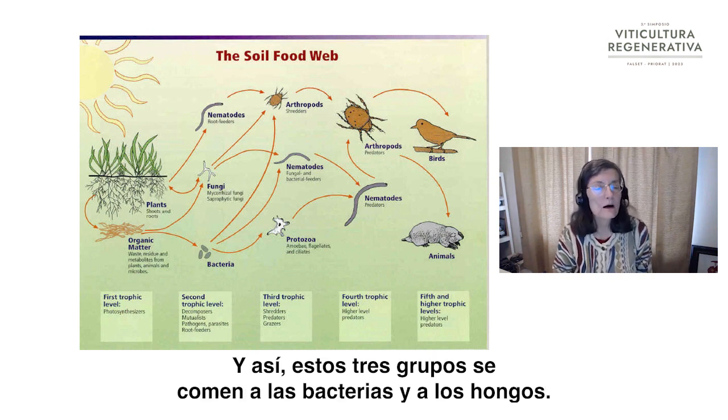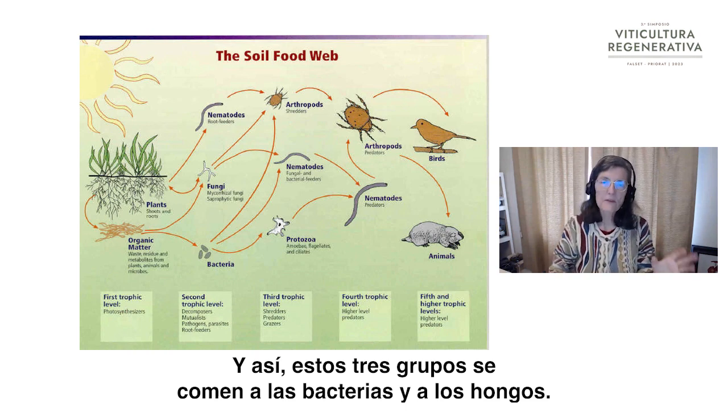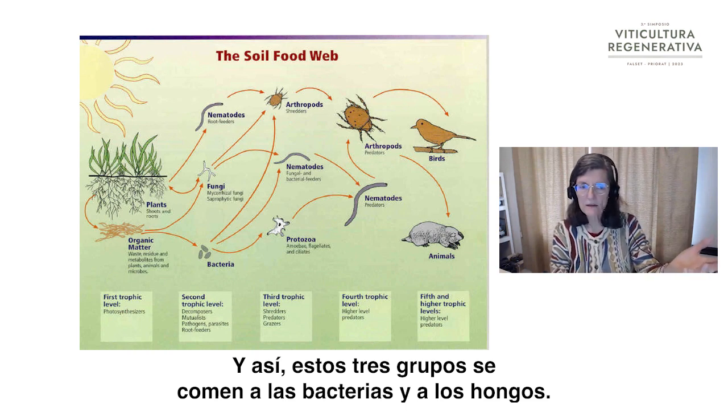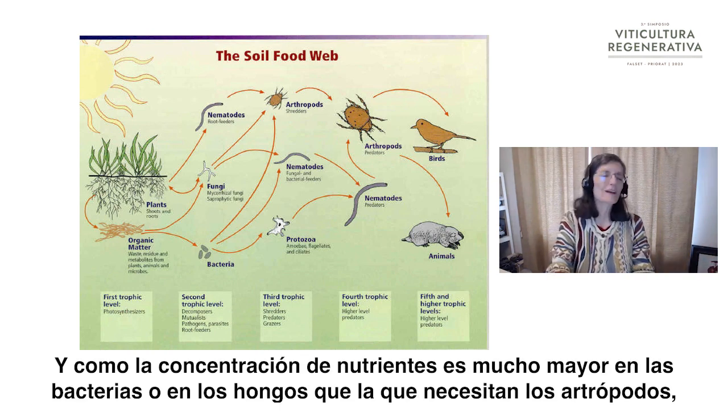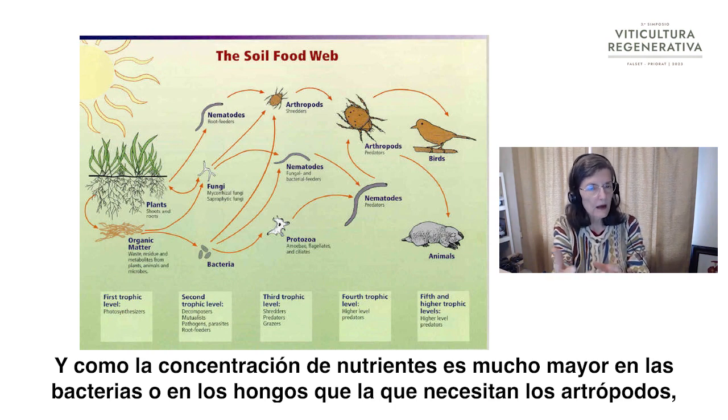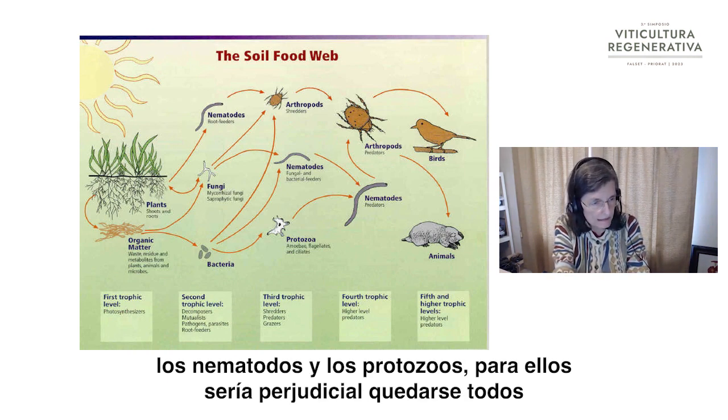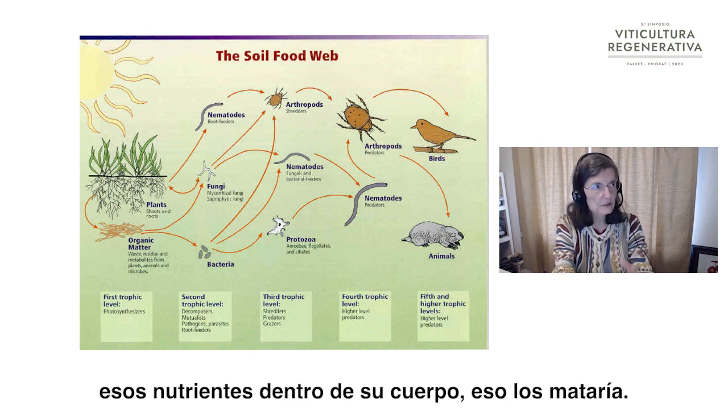And so these three groups will chow down on the bacteria and the fungi. And because the nutrient concentration is so much higher in the bacteria or in the fungi than what the arthropods, nematodes, and protozoa need, it would be detrimental for them to keep all of those nutrients inside their bodies.